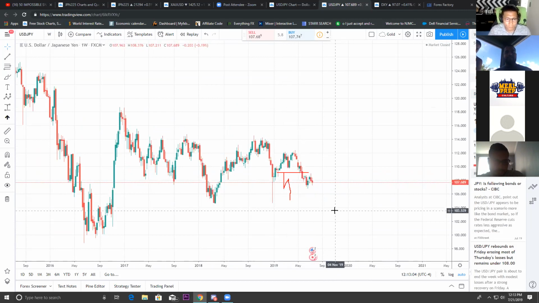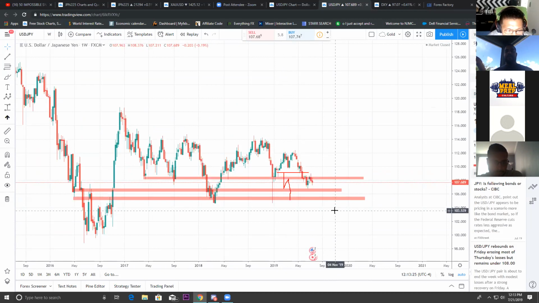Low to low. Awesome. Then we have from low to low. And then we have the next one from low to low. You following me? Yeah. So draw those 3 zones out for me.